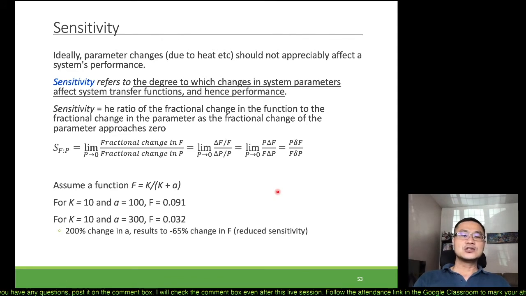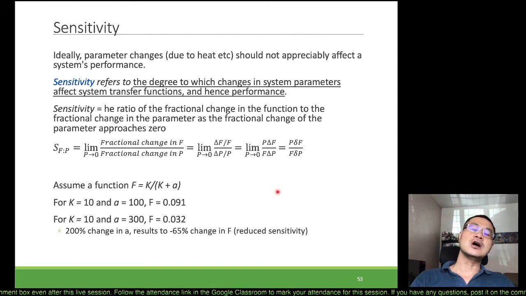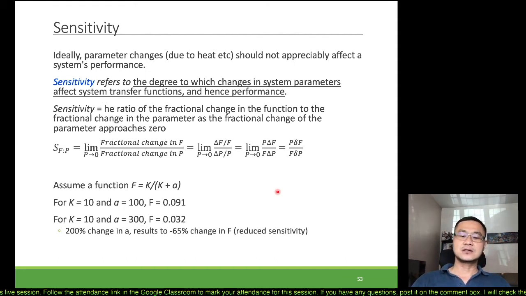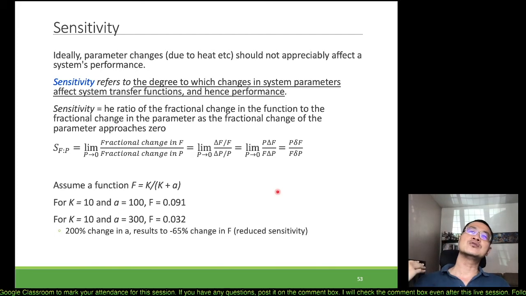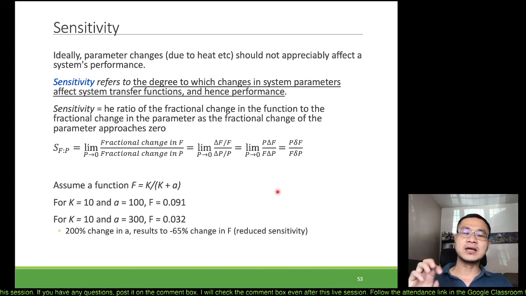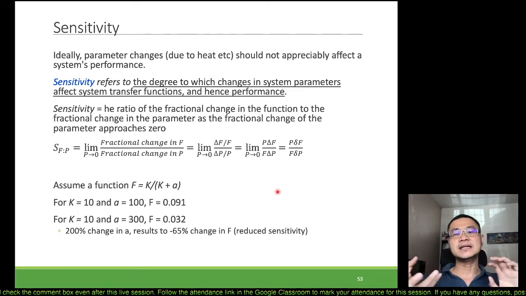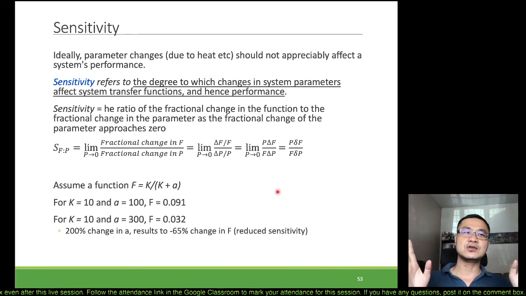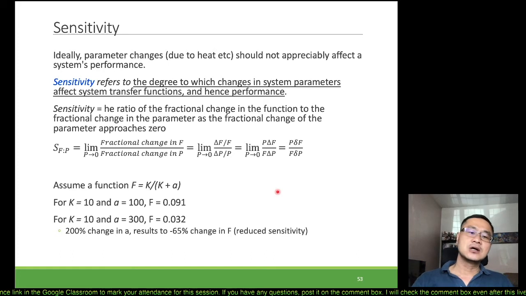So sensitivity refers to the degree to which the system parameters change or affect the system transfer functions. If we know how sensitive it is, we could know how it would perform based on the changes of the parameter itself. So which parameter is more dominant and so on.